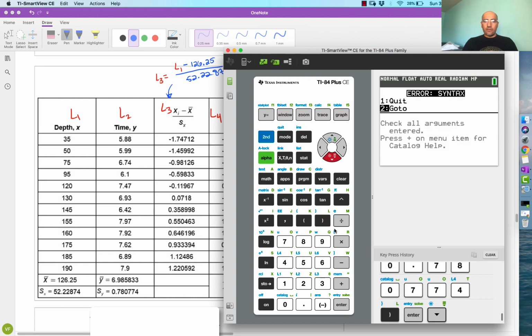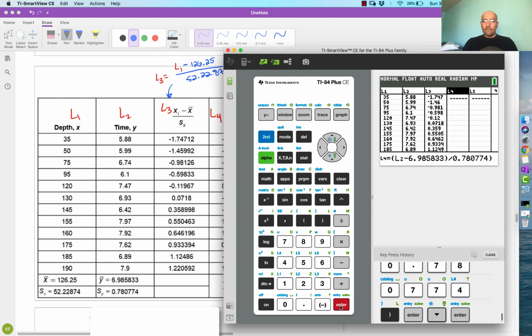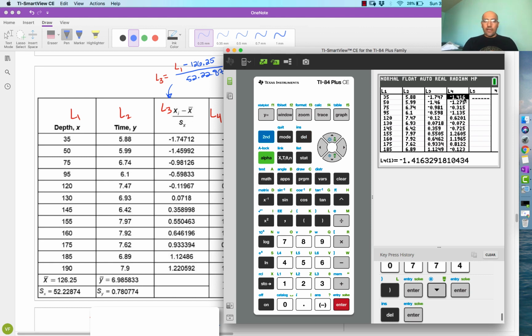Whoa, made a mistake. Go to L2 minus 6.88. Oh, close, delete this guy. I opened parentheses there and I closed it there, and I didn't open parentheses again, so there was no need for me to close them, right? So I didn't need that extra parentheses at the end, that's all. Okay, hit enter, and there we go.